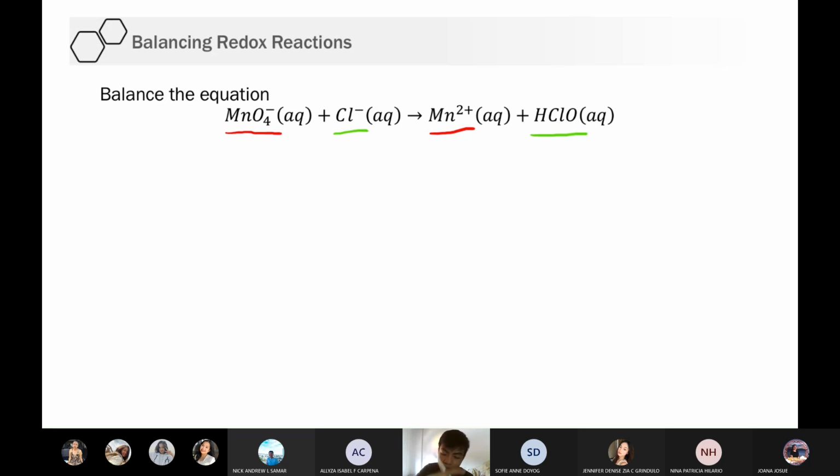Okay? Paghiwalay mo sila into 2 equations. So, let's write here half equations.